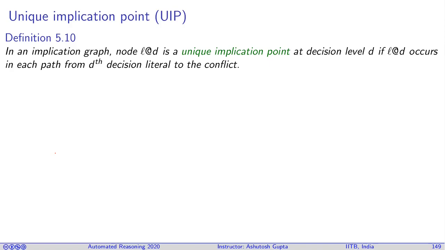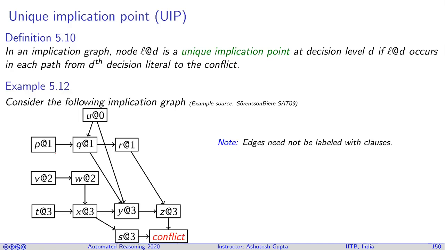In an implication graph, a node at level D is a unique implication point at decision level D if L_D occurs in each path from the Dth decision literal to the conflict. Consider the following implication graph.